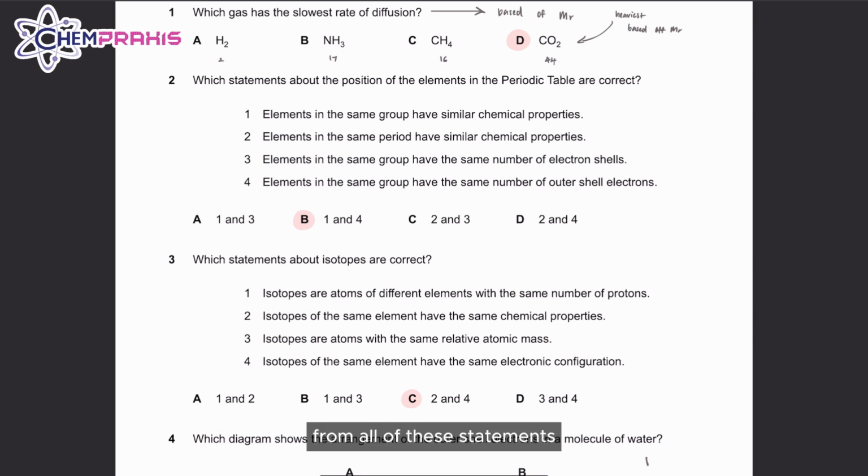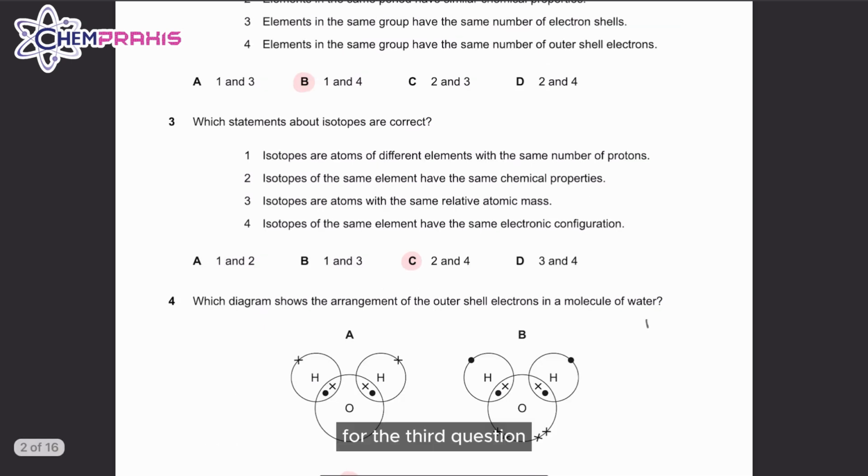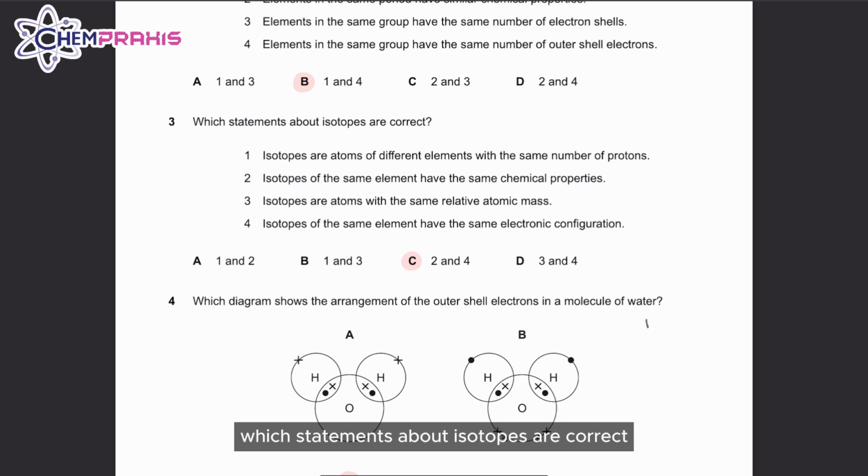From all of these statements, we can determine that only 1 and 4 are correct, as they each respectively state that the elements in the same group have similar chemical properties and that they have the same number of outer shell electrons. For the third question, which statements about isotopes are correct?